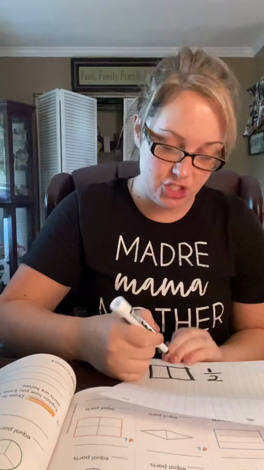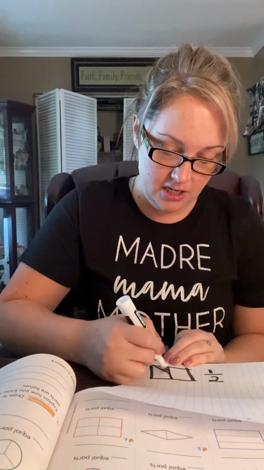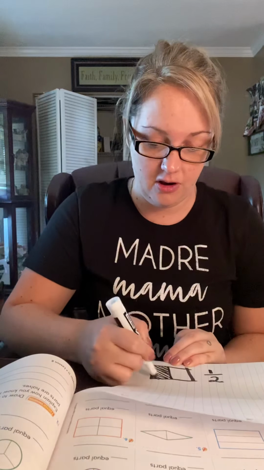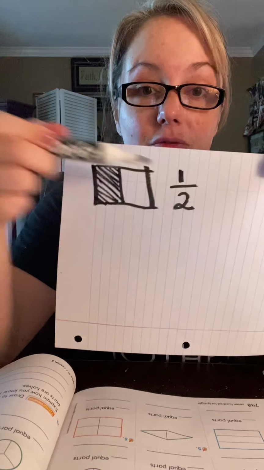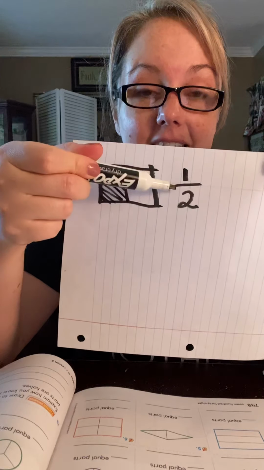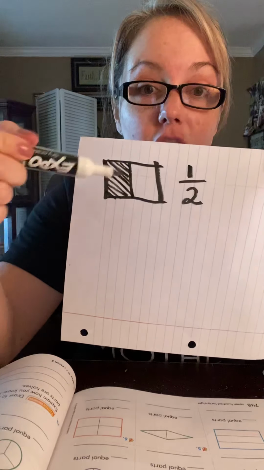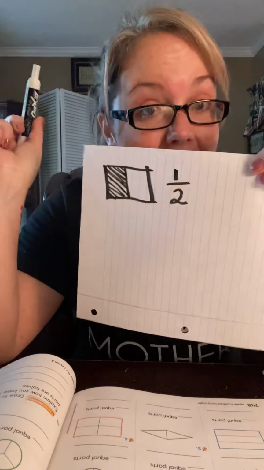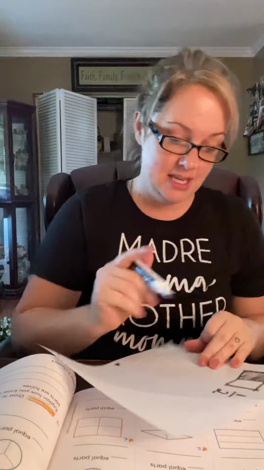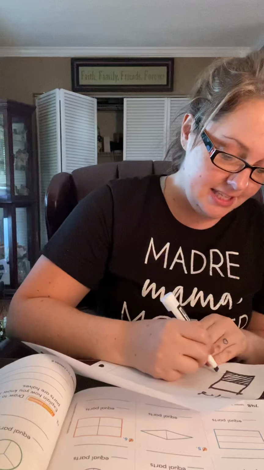If I shade 1 piece, I have 1 out of 2 pieces shaded, or 1/2. Make sense? So, this is a half.